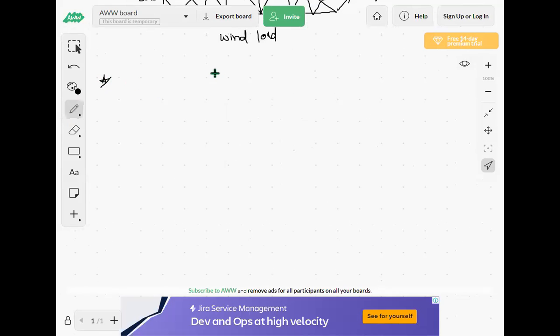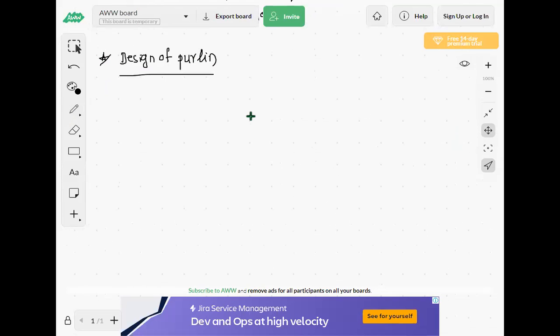Next point, design of purlin. So now this is your truss.